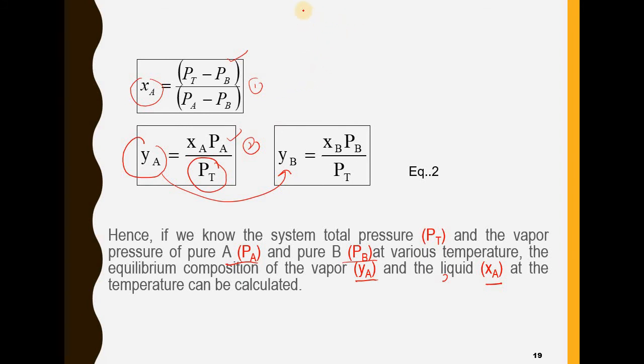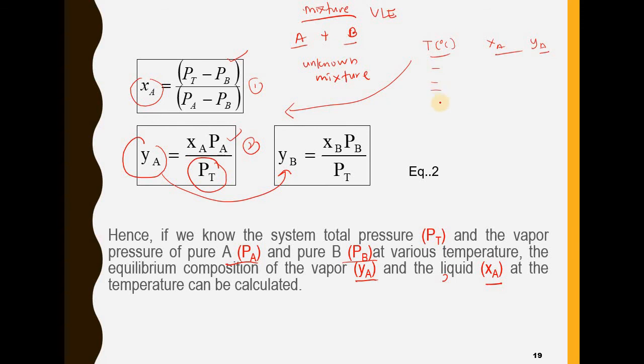This is another alternative. For example, if you want to separate a mixture of components A and B which is very unknown, and you cannot get the vapor liquid equilibrium data, for example, if you open the Perry's Chemical Handbook but cannot find the VLE data for this mixture, you can actually construct the VLE data, temperature, XA and YA, using these equations. For a certain temperature you get the vapor pressure of pure A and pure B, and if you know the total pressure PT, you can calculate XA and YA here.